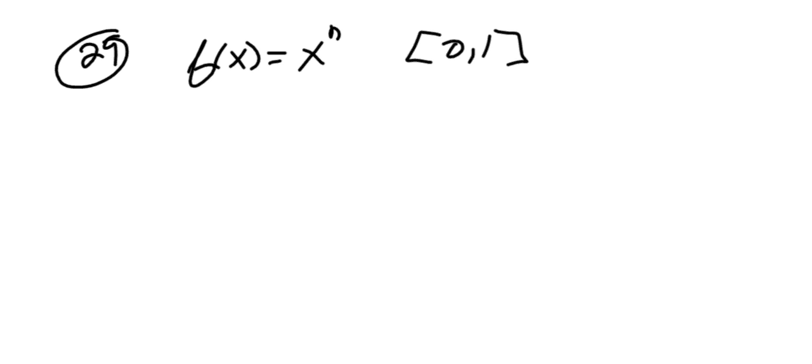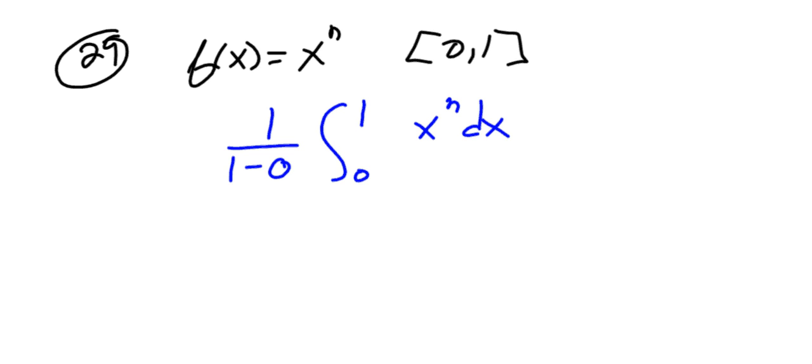So to find the average value of it, we have 1 over b minus a, the integral from a to b of x to the nth dx. And if we take the antiderivative of this, knowing our power rule, remember it's always x, add 1 to the exponent, divide by the new exponent. And then I'm going to evaluate it from 0 to 1.